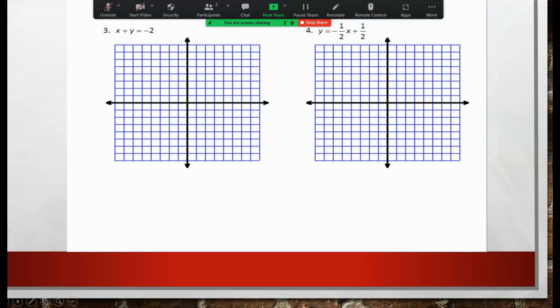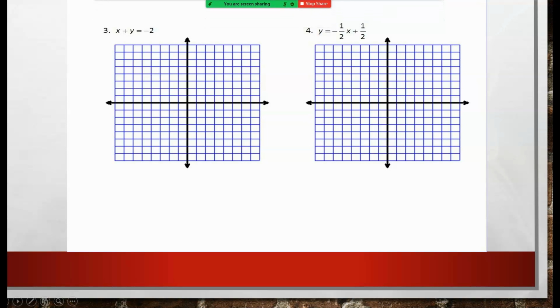Okay, and then example number 3. Example number 3 is actually already in standard form. So you'll find your x and y intercepts by plugging in the opposing zeros. So my x-intercept is at -2.